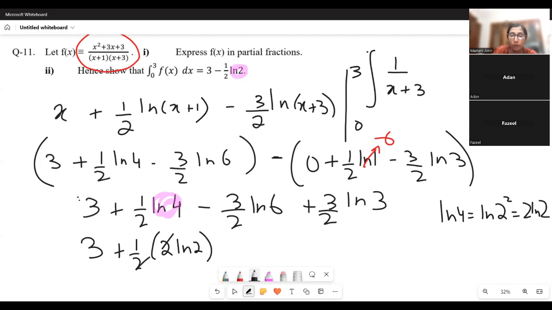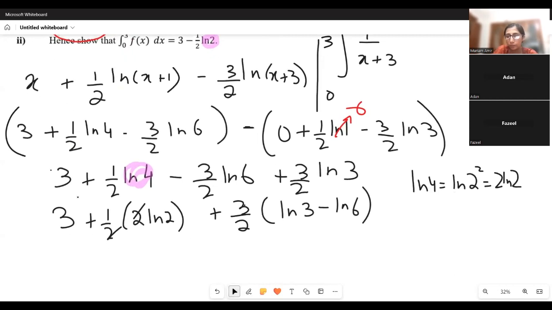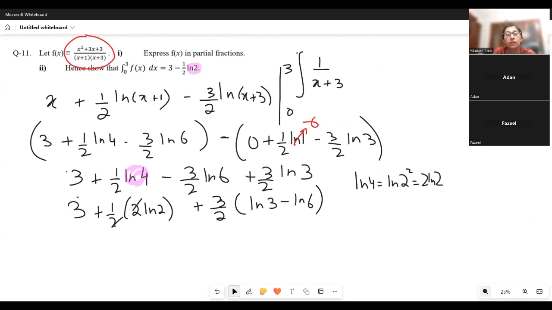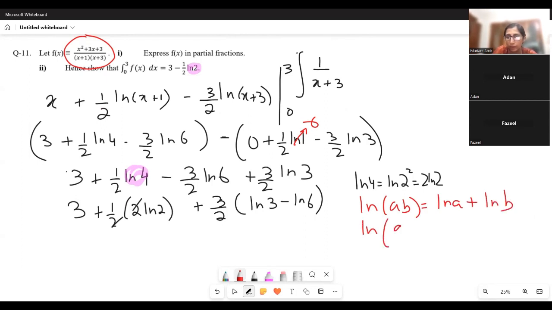So I'm going to take 3/2 common, प्लस या -3/2. 3/2 कॉमन ले लेते हैं और हमारे पास अंदर रह गया ln 3 माइनस ln 6. या नेगेटिव भी कॉमन ले सकते थे, बट चलो मैंने पॉजिटिव कॉमन ले लिया. ये हमें रूल एक लॉग का एक और भी पता है कि if it's log AB, then it becomes log A plus log B. But if it's log A upon B, then it becomes log A minus log B.